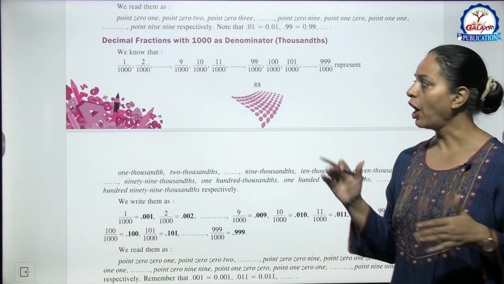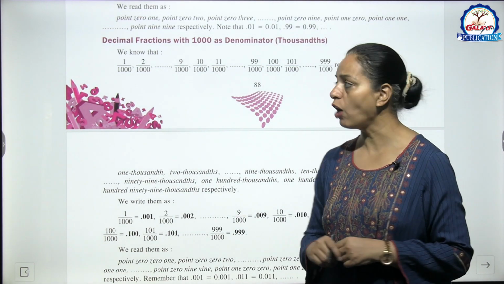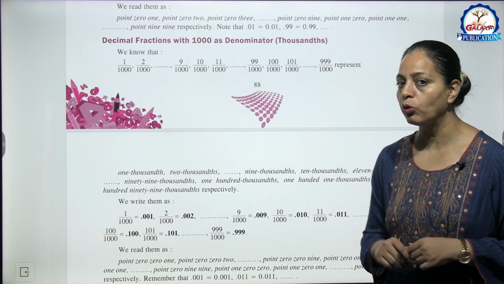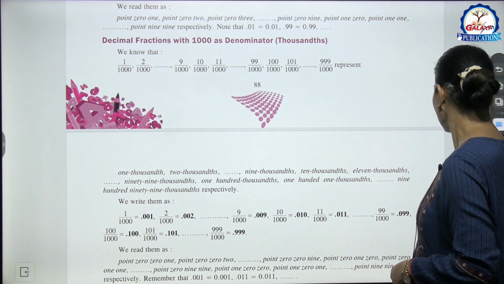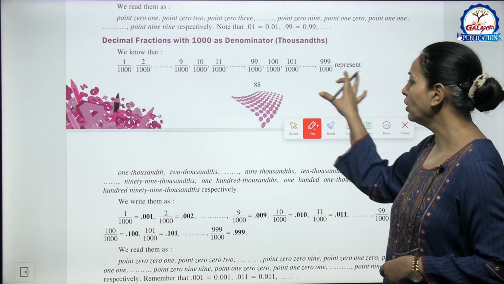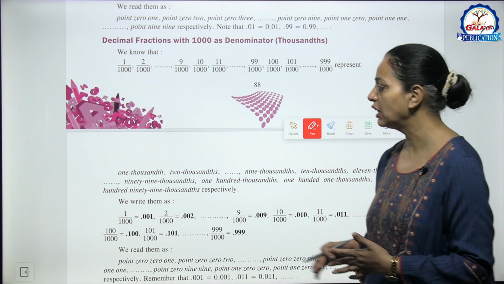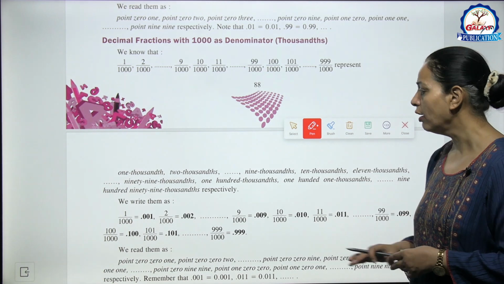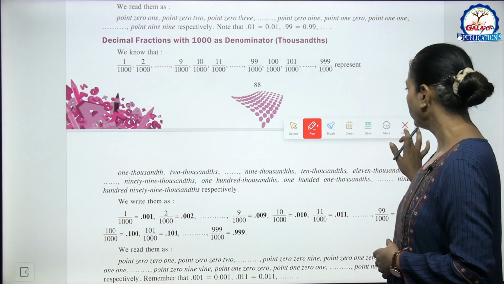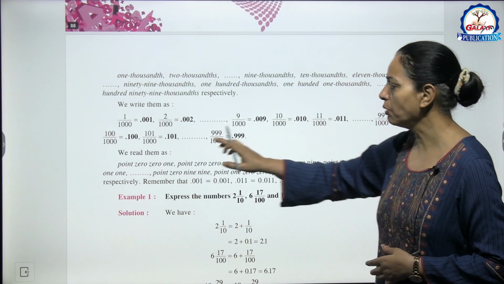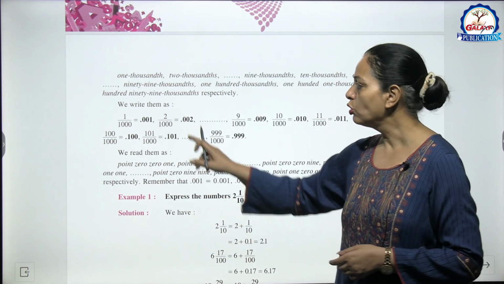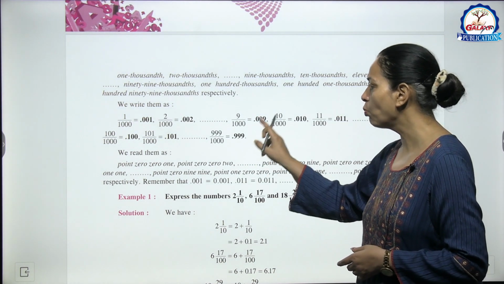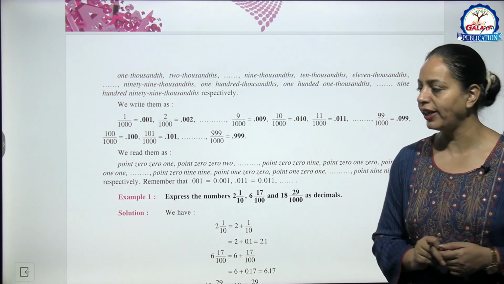Okay, now the next decimal fraction with 1000 as denominator, means thousandths. So we know that 1 upon 1000, 2 upon 1000, 9 upon 1000 represent 1 thousandth, 2 thousandths, 9 thousandths, like this. So here we write them as 1 by 1000 means 0.001, 2 upon 1000 means 0.002, 9 upon 1000 means 0.009, like this.